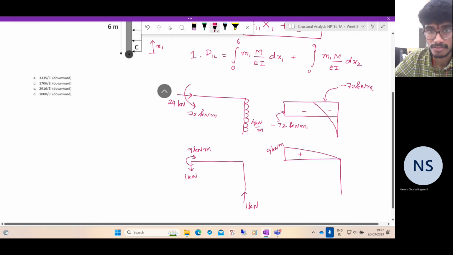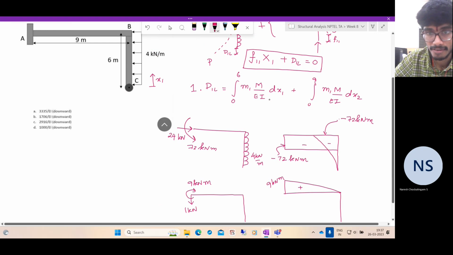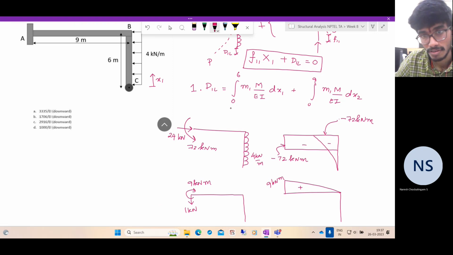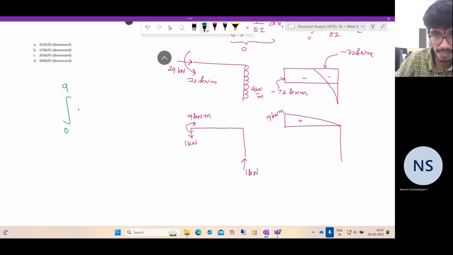Now let us find out what D1L is. Since M1 is 0 in this member, the first integral does not contribute. So the only contribution comes from this, and that is also very simple. What is it? The integral 0 to 9. The virtual bending moment is nothing but x2, since the unit load acts at x2 distance.